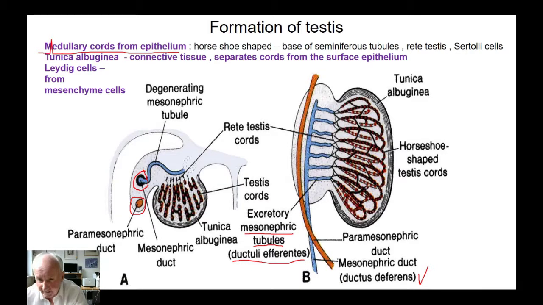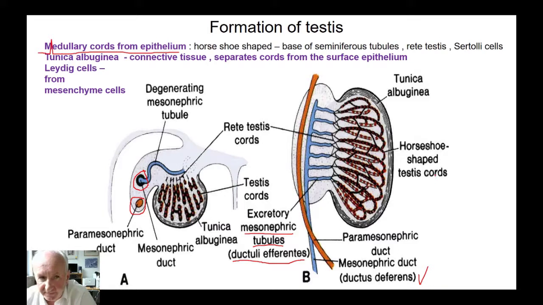If you remember, the paramesonephric duct in a male will completely vanish. A male hasn't got the uterine tube, hasn't got the uterus. So the paramesonephric duct will vanish.